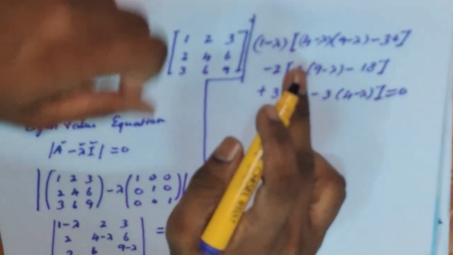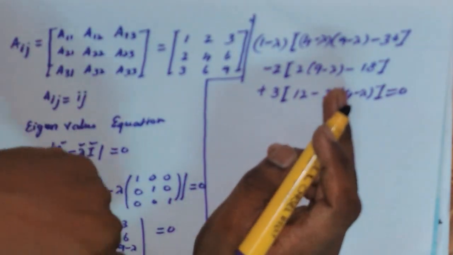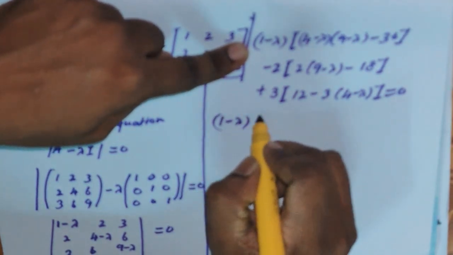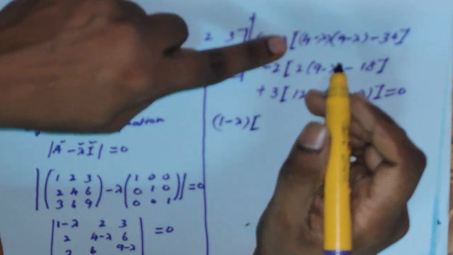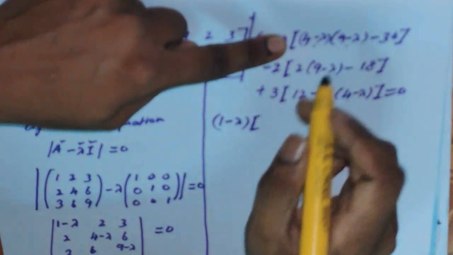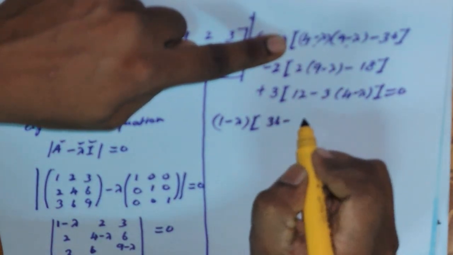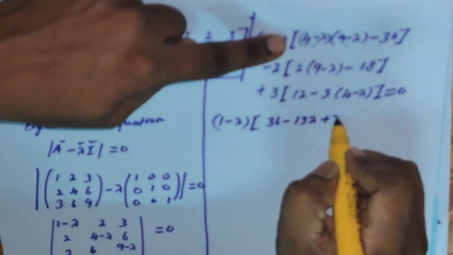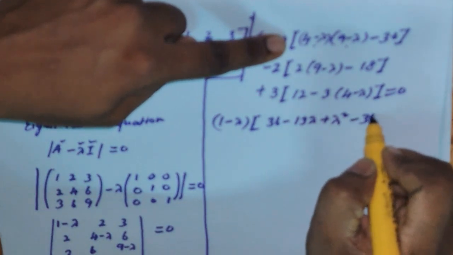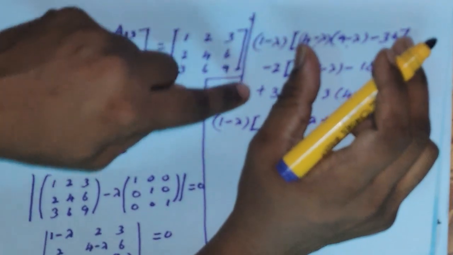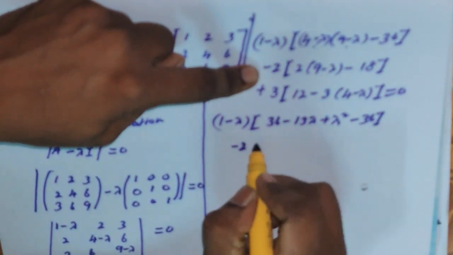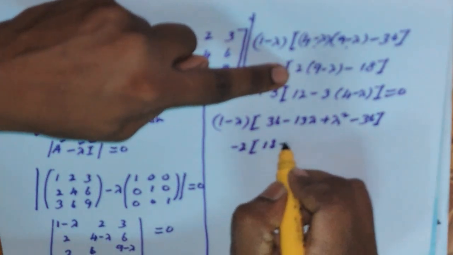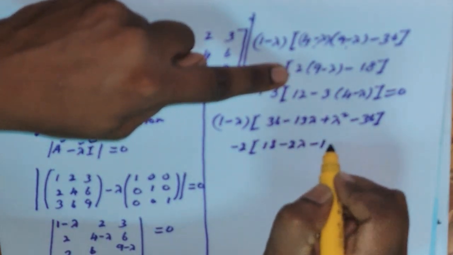So we need to carefully solve this equation to get the eigenvalues. First we simplify. Keep the 1 minus lambda outside. Multiplying 4 minus lambda and 9 minus lambda, you get 36 minus 13 lambda plus lambda square, minus 36. This is the first bracket. In the second bracket, keep the minus 2 outside: 18 minus 2 lambda minus 18.